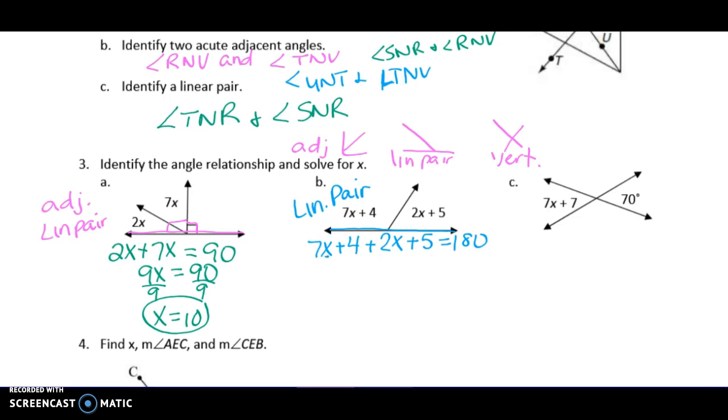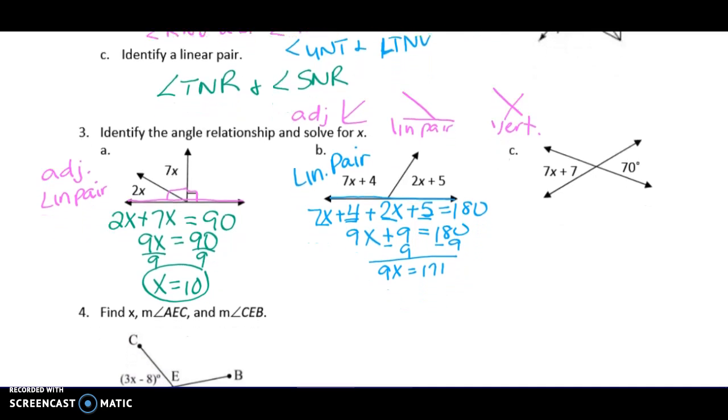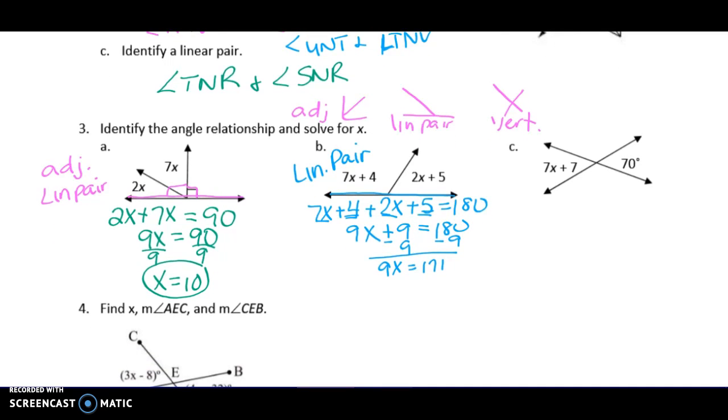Combining my like terms, 7x and 2x makes 9x, 4 and 5 makes 9, and then solving, subtract 9. And then we would divide by 9. Means x is 19.